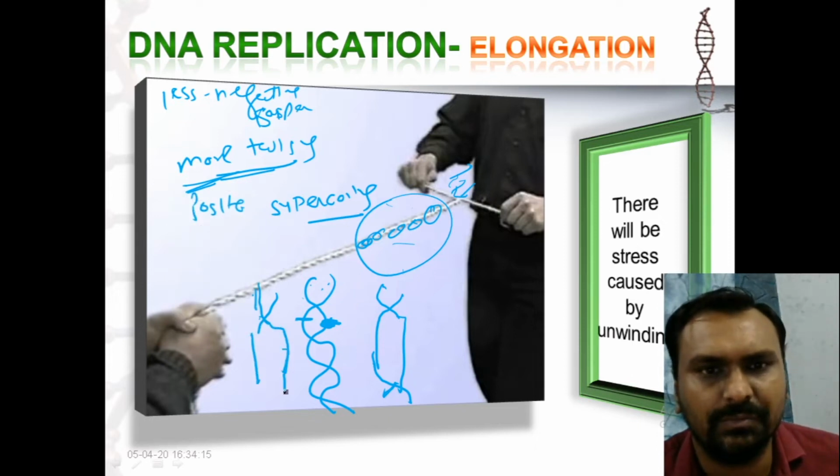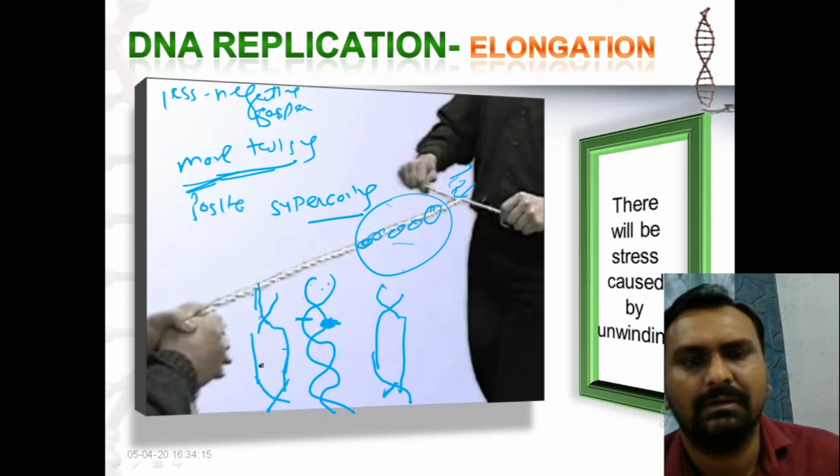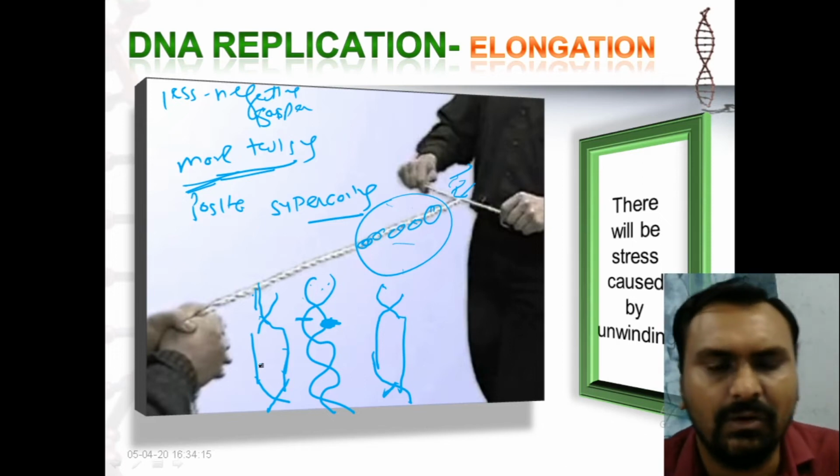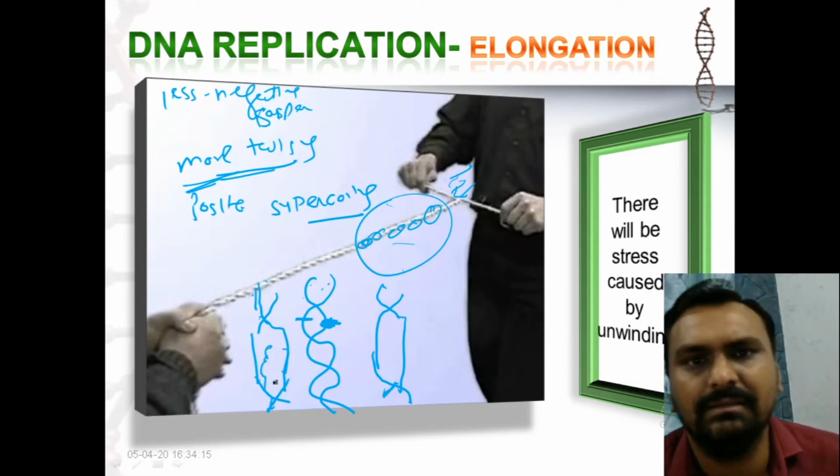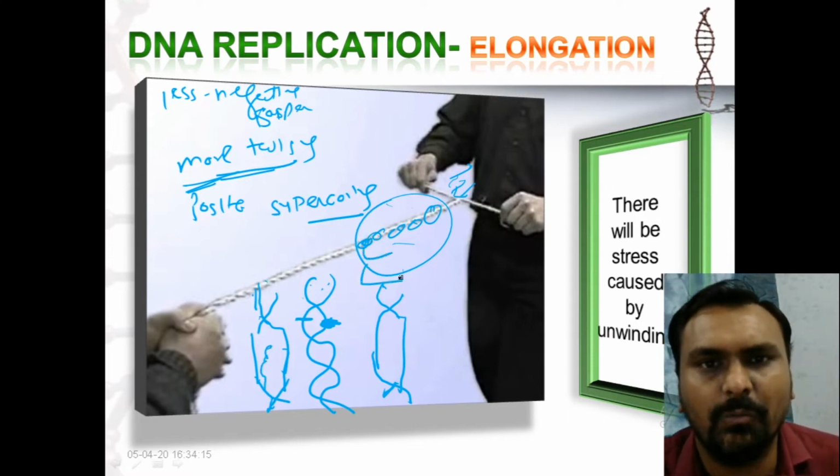So the twisting of the DNA molecules is corrected, and that's how supercoiling is prevented by the topoisomerase.